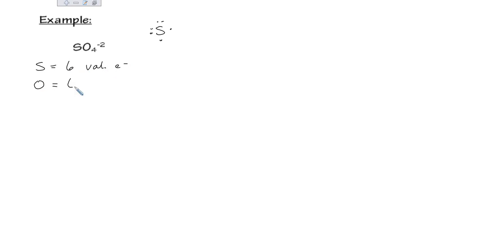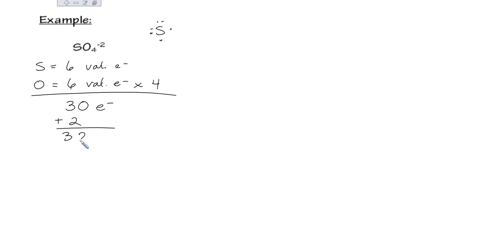Oxygen would also carry 6 valence electrons, and there are 4. So if I add that up, I get a total of 30 electrons, but there's also a -2 charge, which means this structure is only possible if I gain 2 electrons. So we're going to add 2 for a total of 32 electrons.